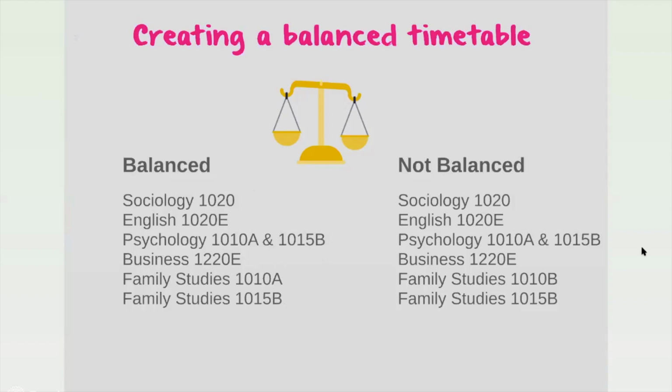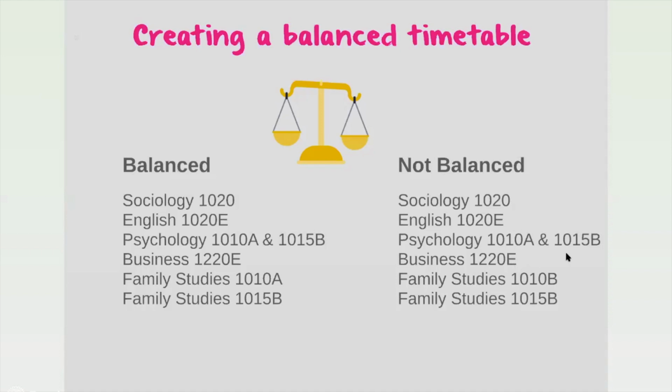With the person who has not selected a balanced timetable, they've selected very similar courses. So they have sociology, English, psychology, and business as well. But with these family studies courses, you can see that they've selected 2 that are in second term. So right now they only have 4 courses in first term. So they have sociology, English, psychology 1010A, and business 1220E in first term.